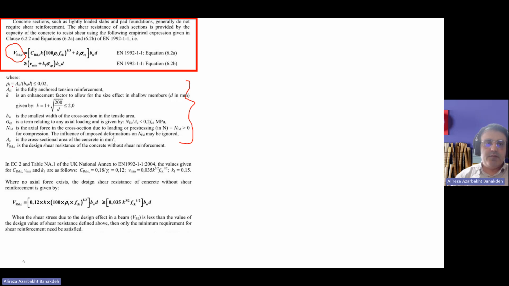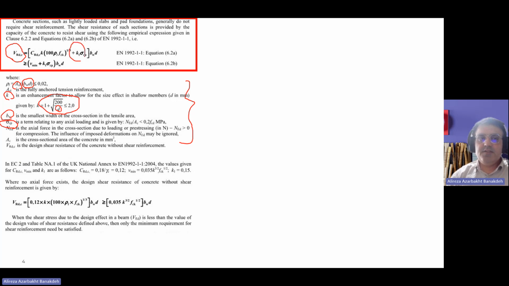They are really straightforward. Rho L is the ratio of the longitudinal reinforcement area over the section area, and K is calculated by this simple formula and should be less than 2. D is the effective depth, BW is the smallest width, which in the case of a rectangular section is the width, and sigma CP comes from axial forces, which usually is 0.